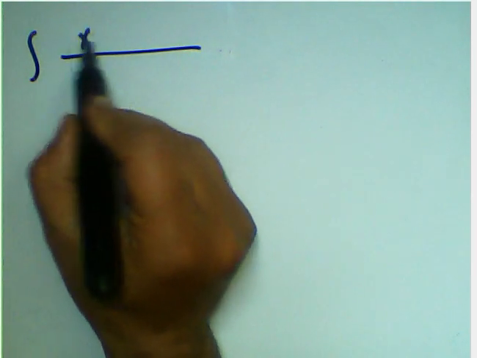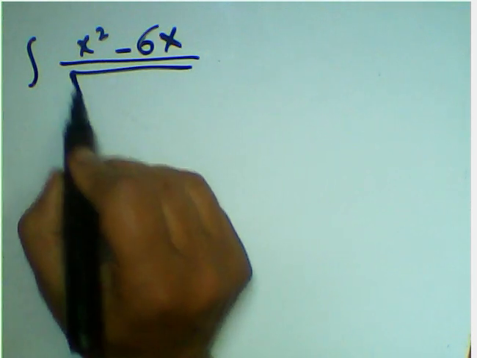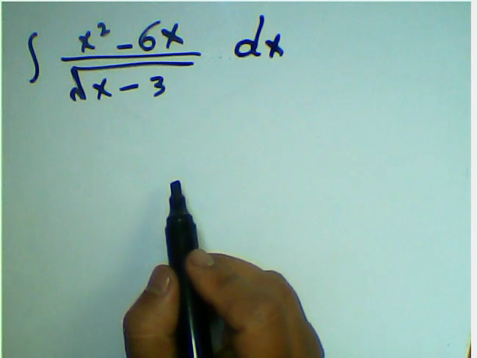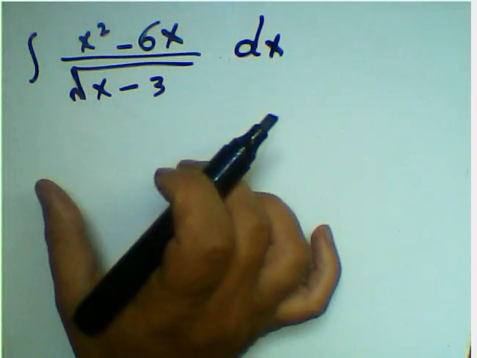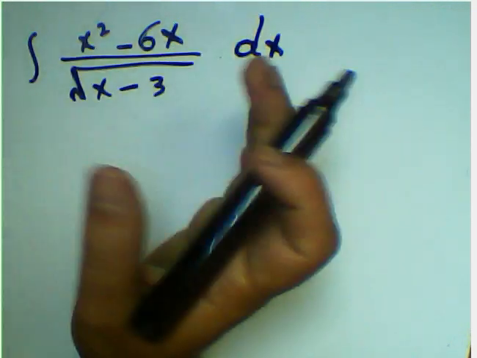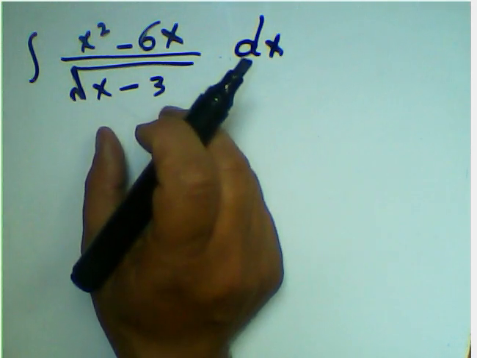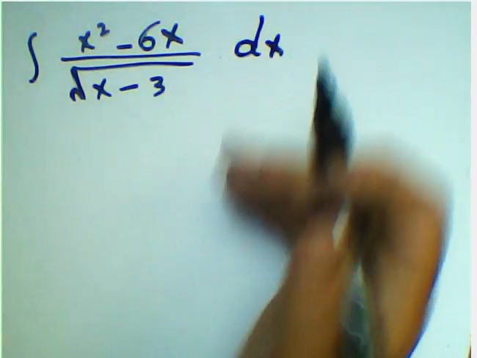Integration of x to the power 2 minus 6x over the square root of (x minus 3) dx. Okay, the numerator here, we can find x outside here as a coefficient, and the derivative about the numerator about the function, it will be (x minus 3) all to the power negative half.